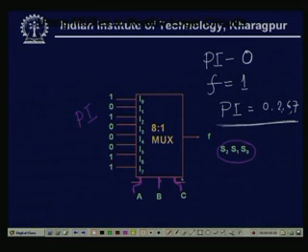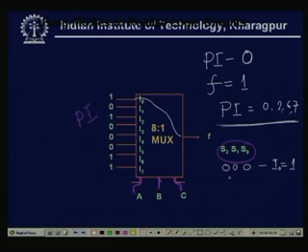We know that if my select lines are 0 0 0, then I0 will be passed, so this is my I0 which is kept as 1.